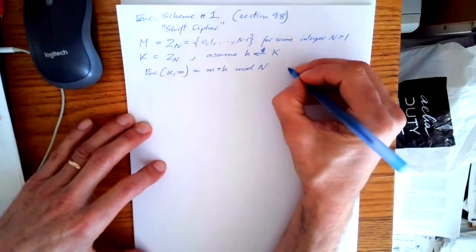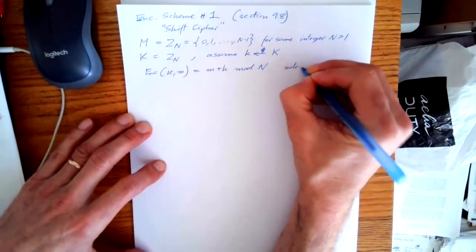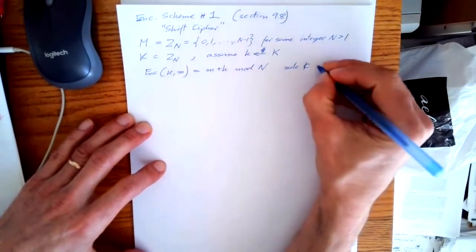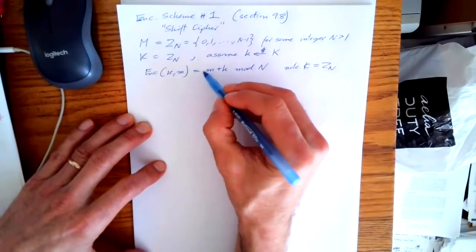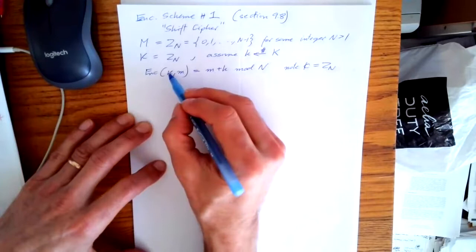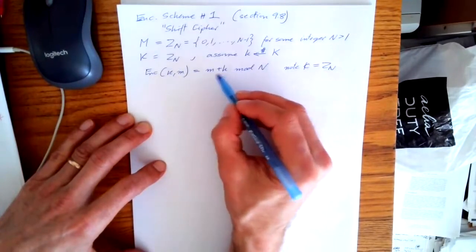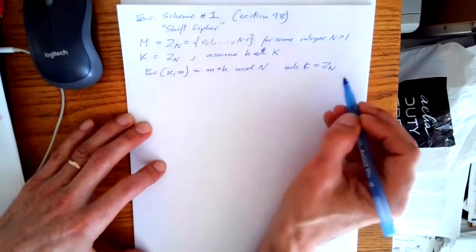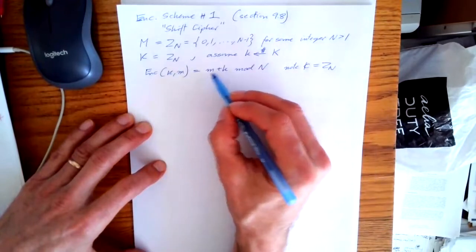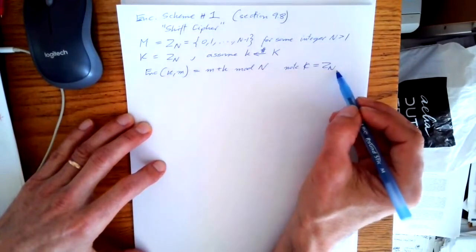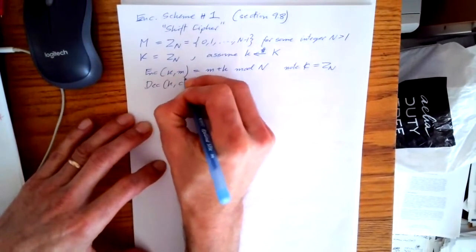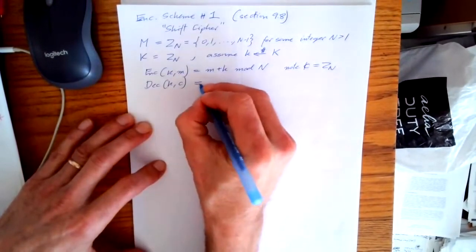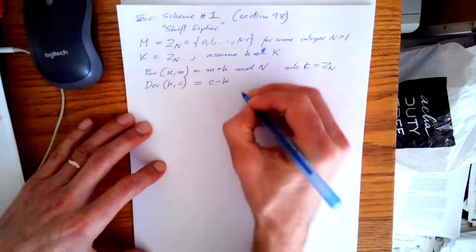So note, first of all, what is the space of ciphertext that you get? Well, it's also Zn, right? Because what is output by a procedure that takes 2 elements mod n and adds them mod n? Well, it's another residue mod n. So this will always output some number mod n. Okay, and how do you decrypt? You take a ciphertext and a key, and you subtract the key.